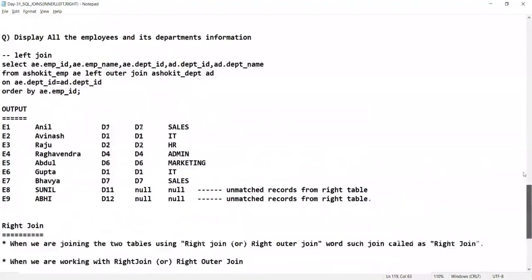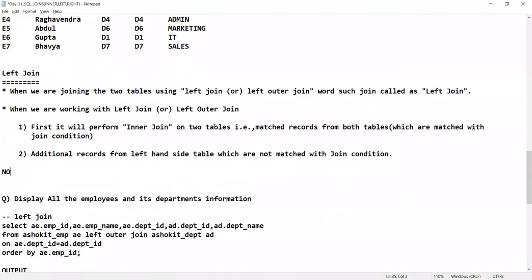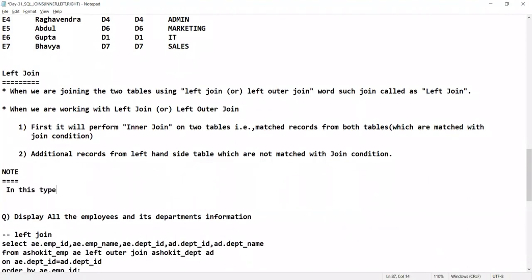When you are working with the left join or the left outer join, in this type of join always the left side table data is important. That's all.